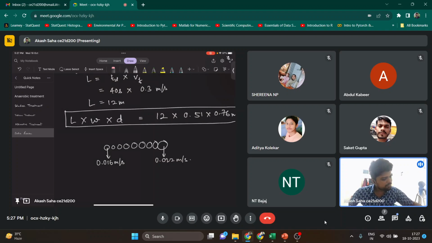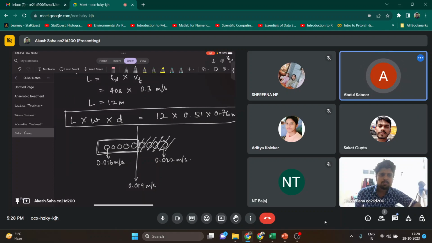I have taken my settling velocity to be 0.019 meter per second. So what will happen is that all these particles will easily get settled, whereas these particles will not get fully settled. Is it true? Yes, it is correct.